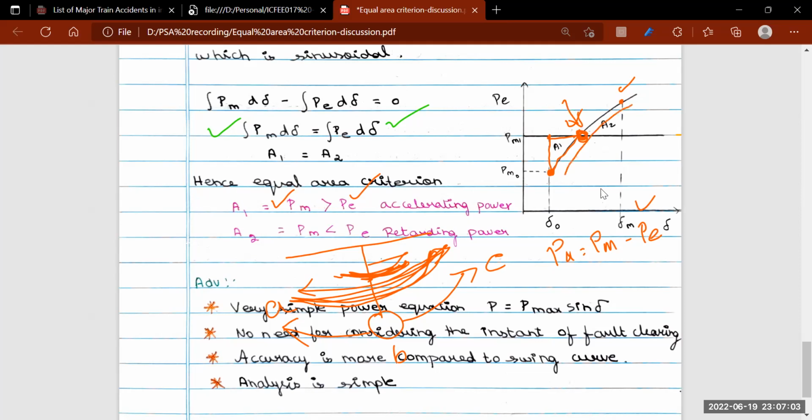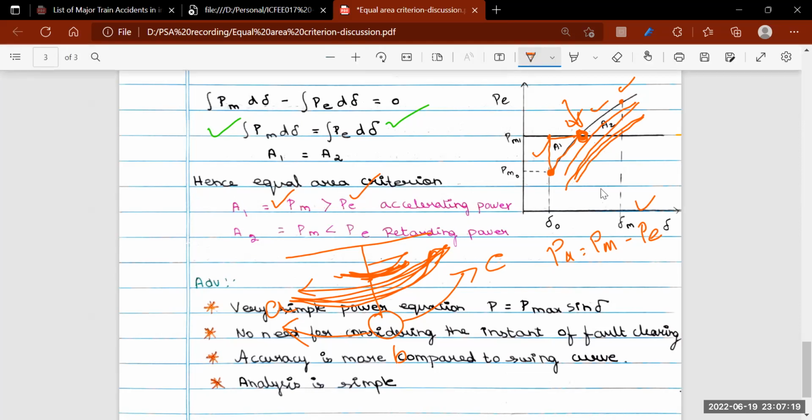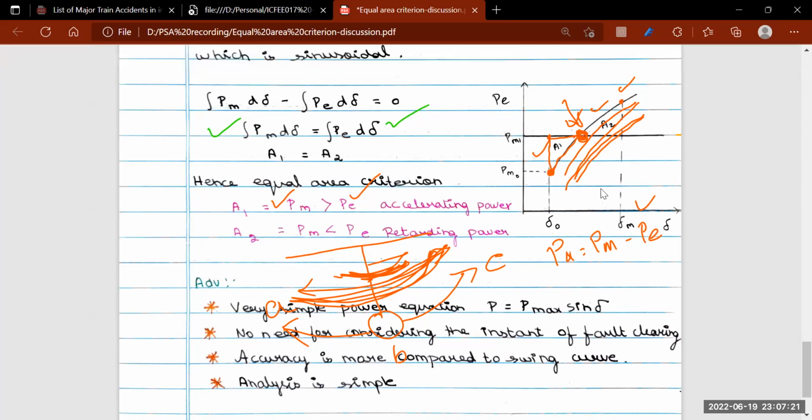It goes like this, coming back, goes like this, coming back. And if this accelerating area and the decelerating area are equal, after some time it will regain its stability and operate at some point, maybe some other point. Let me say that this is delta.